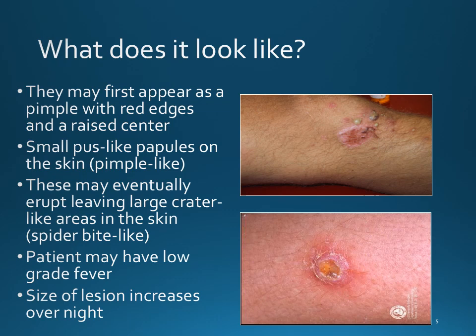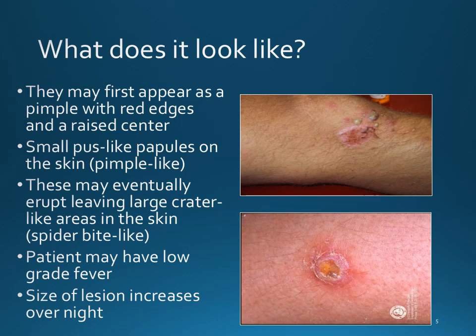So through this class, I'm going to talk about hallmark signs. All right, so a hallmark sign is a sign that usually points directly to the condition that I'm talking about. So the hallmark sign for this is going to be the size of the lesion explodes kind of overnight or really quickly.